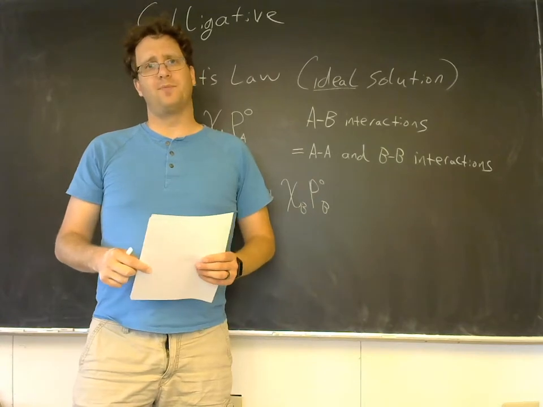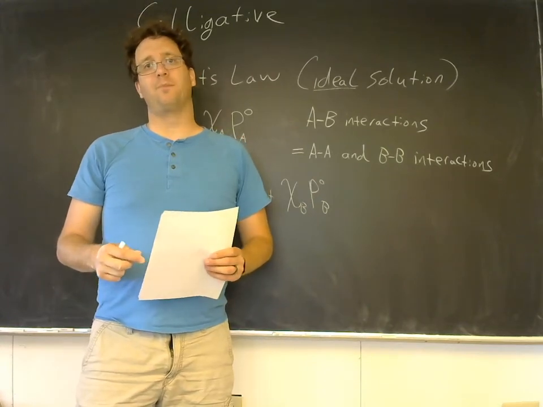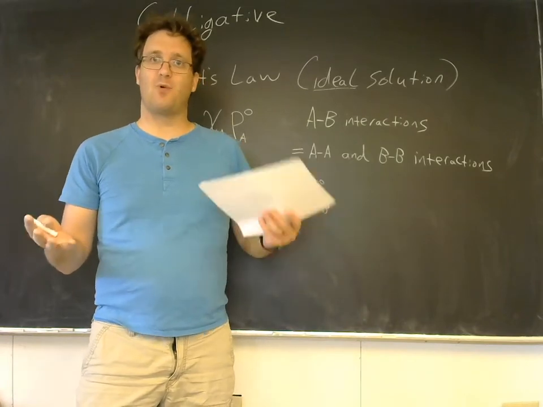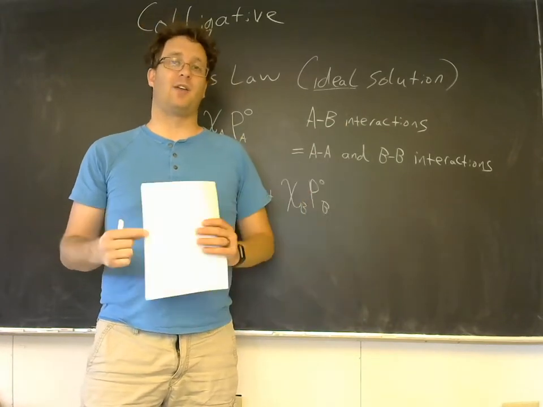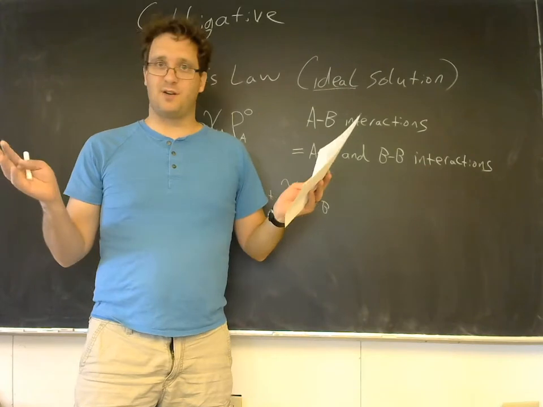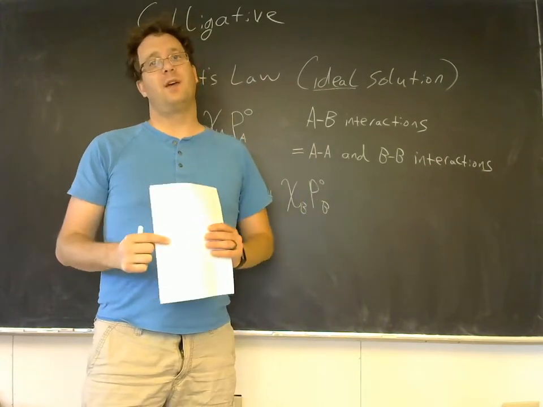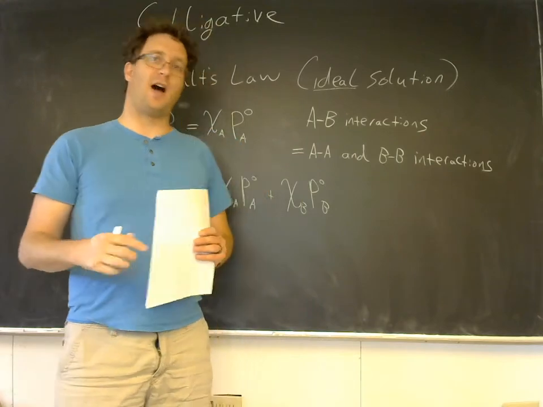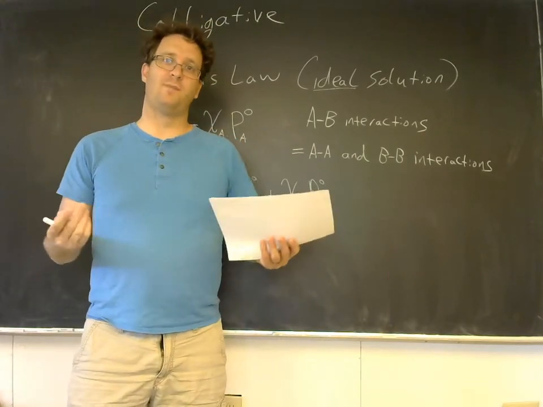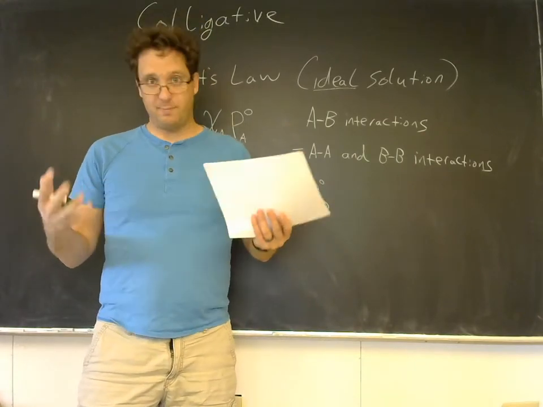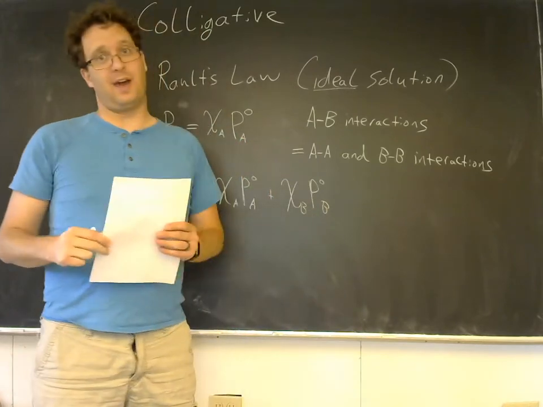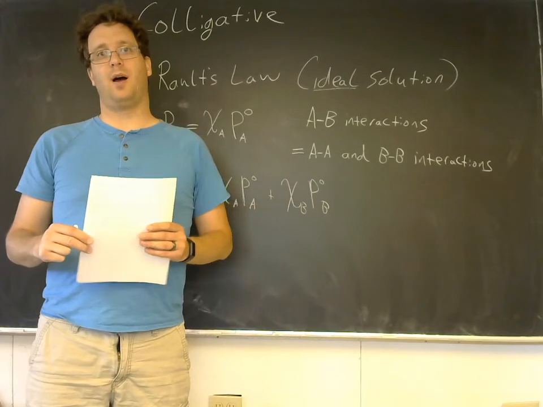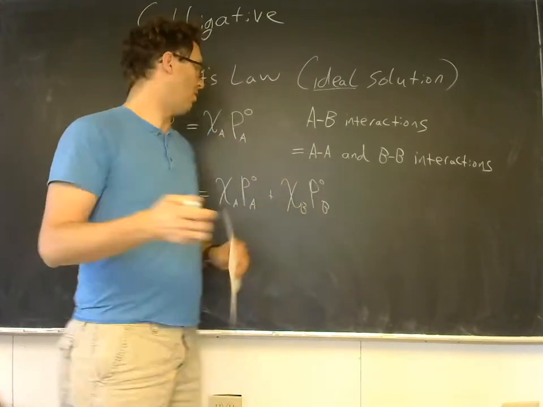So let's suppose we get a mixture of 50% water to 50% ethanol. The composition of the liquid phase, the solution, is 50-50. But because of the higher vapor pressure of the ethanol, then the vapor phase is going to have a higher composition of the ethanol, right?